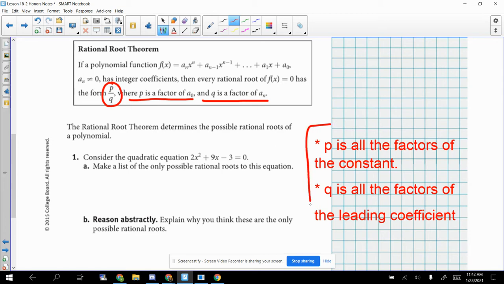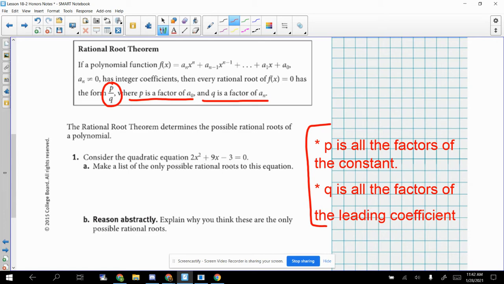So I kind of wrote that here in more clear terms than a sub 0 and a sub n. So p is all of the factors of the constant and q is all of the factors of the leading coefficient. So let's do an example.